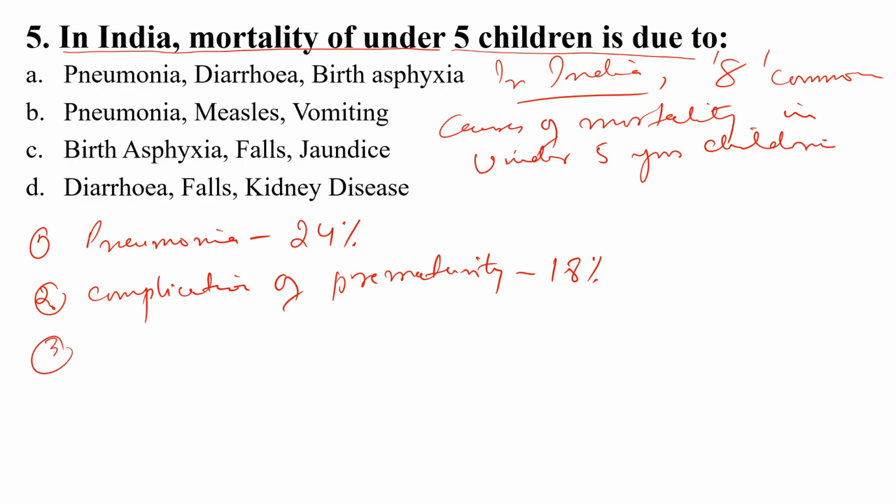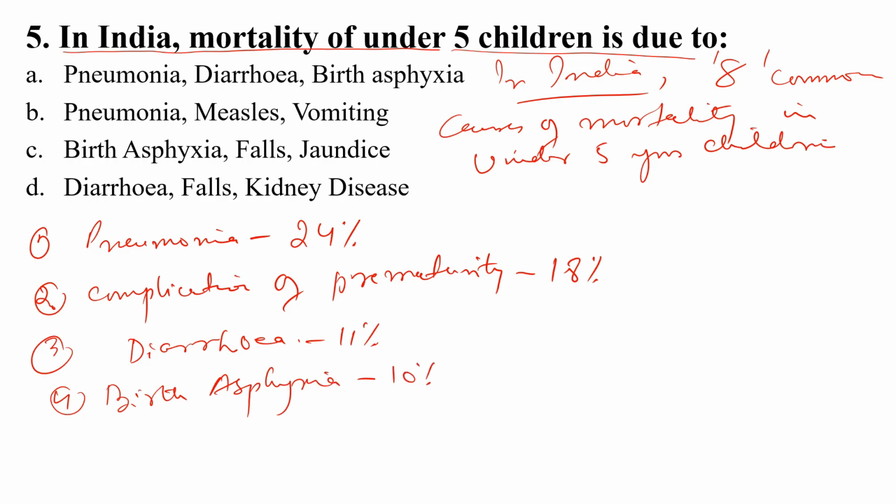Number 3, diarrhea, approximately 11%. Number 4, birth asphyxia, approximately 10%. Number 5 is neonatal sepsis, approximately 8%.